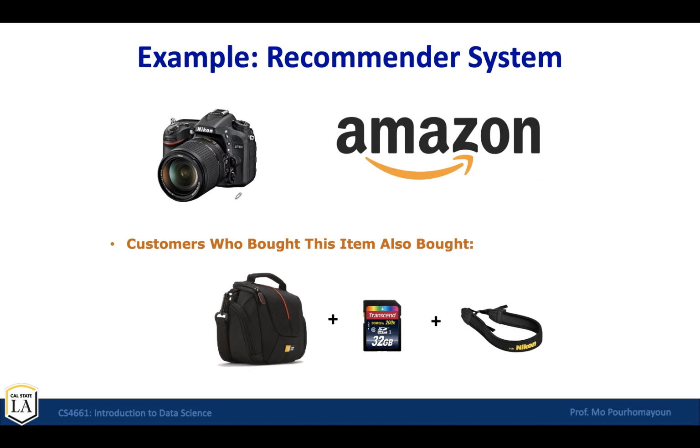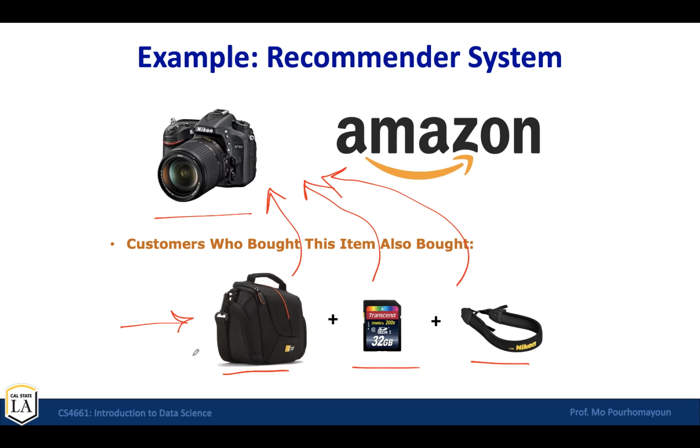So again, you purchased, for example, something like a camera from the Amazon website, and right after that you see that it recommends some other things, which are related, not necessarily similar, to your original purchase. And this is actually a very helpful service, so many times we use it. But how does it work?